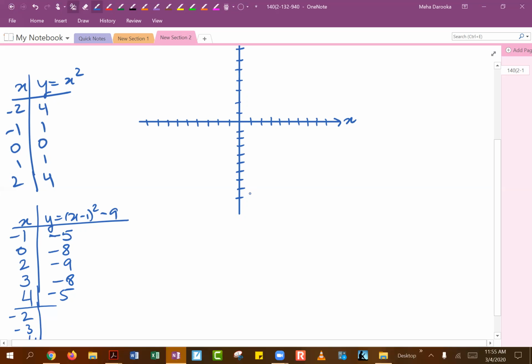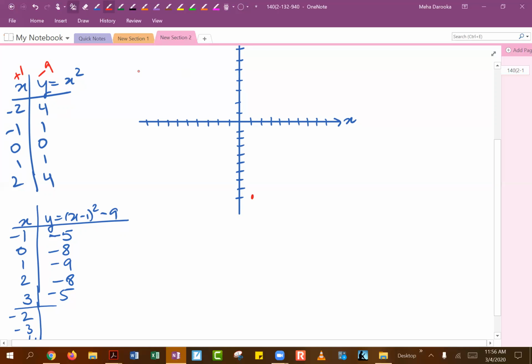Oh, I missed a point in there, didn't I? Sorry, I missed a number in there. That should be -1, 0, 1, 2, and 3. Yeah, so to all the x values, we added 1. To all the y values, we subtracted 9 from the original table.